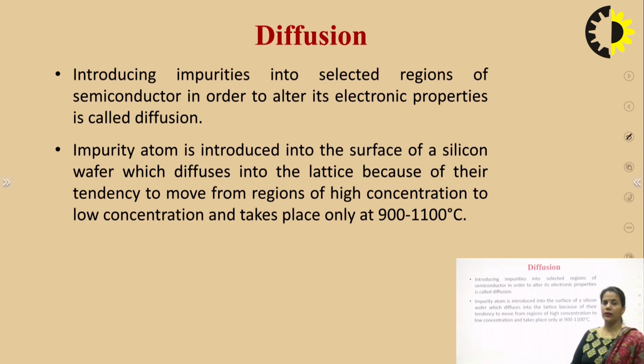So what is happening in this diffusion process is that there is the concentration difference and the particles diffuse from the higher concentration area to the lower concentration area into the lattice. Because they have the tendency to move from the higher concentration to lower concentration when a particular temperature is attained. So this is the fundamentals behind the diffusion process.